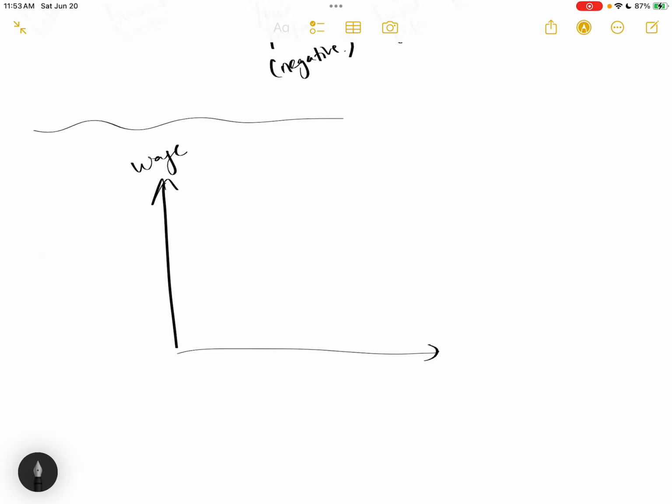So we have wage on the y-axis and we have education on the x-axis. So high school, some college, 4-year college, okay, post grad school.